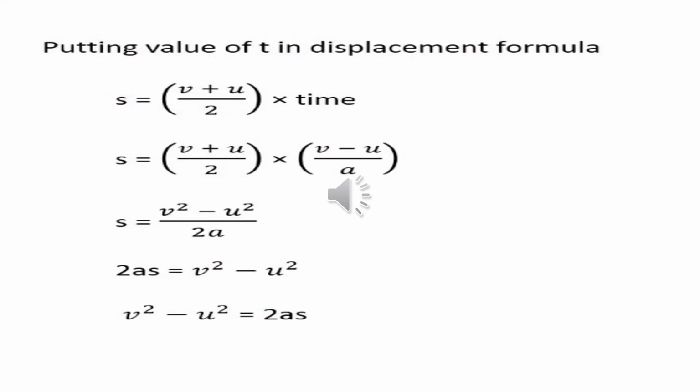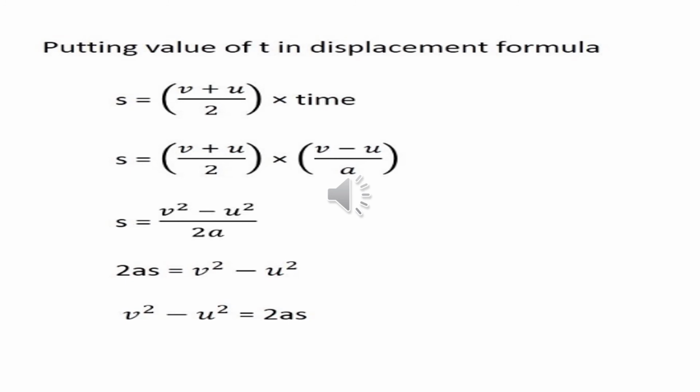Now here we are putting the value of t in the displacement formula, that is s is equal to u plus v upon 2 multiplied by t, and again the value of t we substitute over here, that is s is equal to v plus u upon 2 multiplied by v minus u upon a. Now s is equal to v square minus u square.